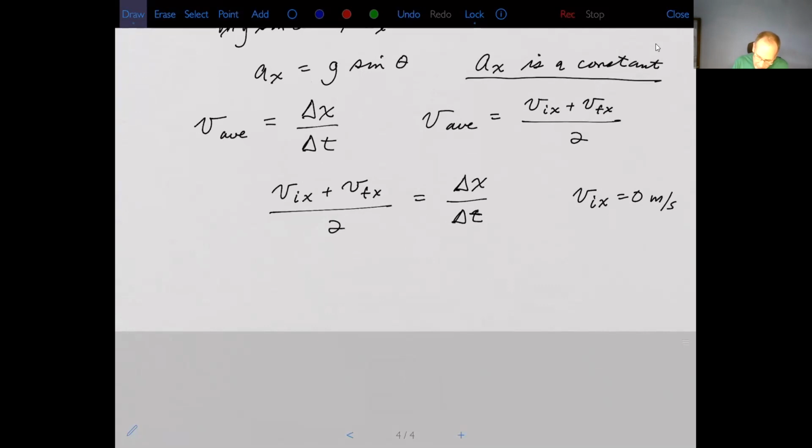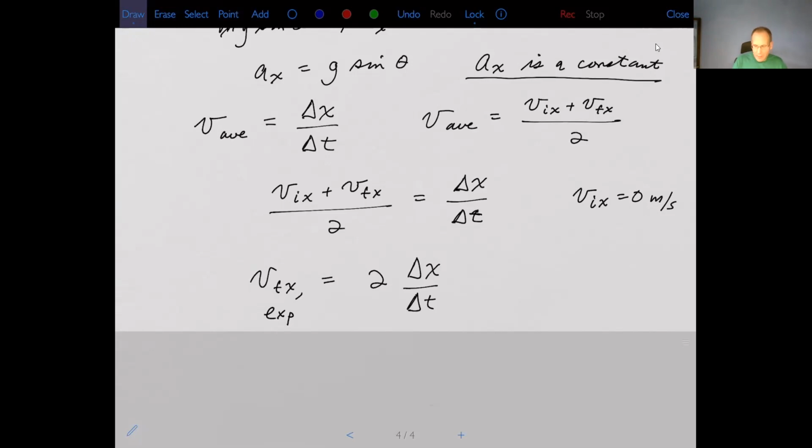Therefore, v final in the x, which we're going to call our experimental final velocity, is simply equal to twice the average velocity, twice delta x over delta t. Again, it's because the acceleration is constant and we're starting the cart at rest. Then the final velocity is always going to be twice the average velocity.